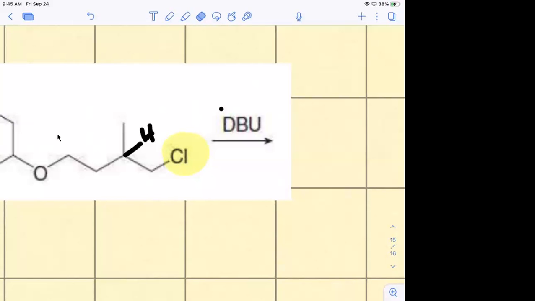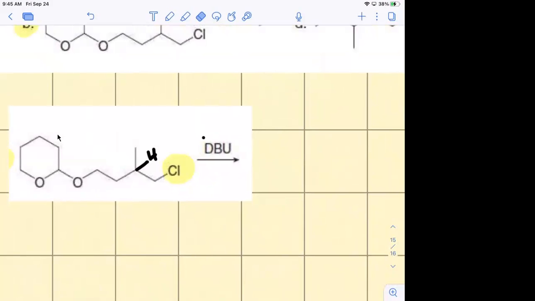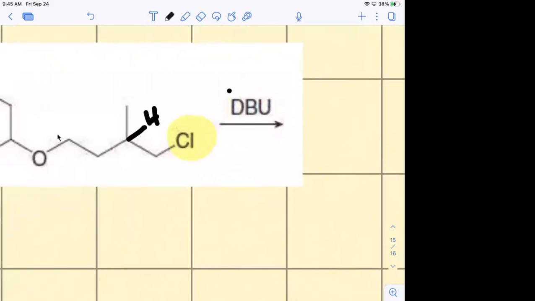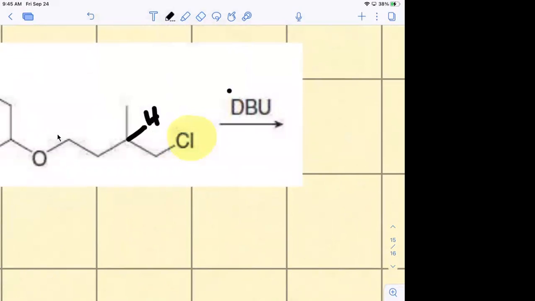Right? So now if I were to ask you just to draw the product, where would the double bond end up in this case? To the left of the Cl. It's going to end up right here, isn't it?